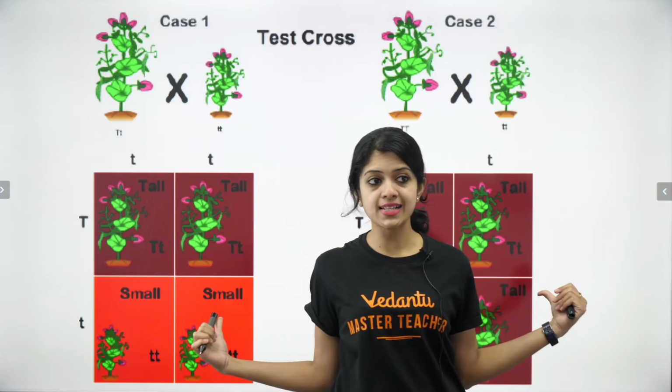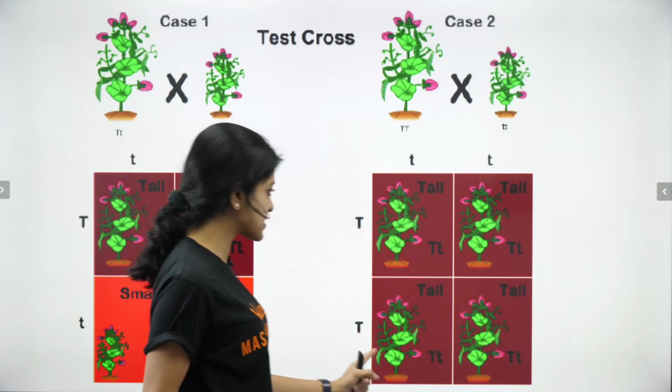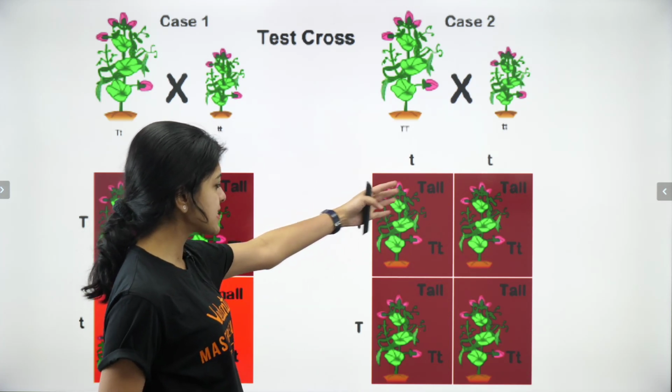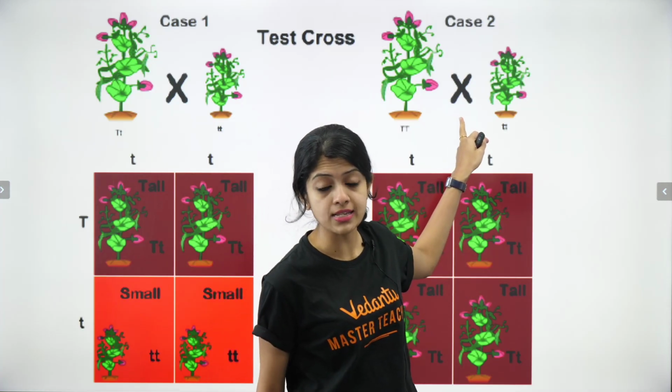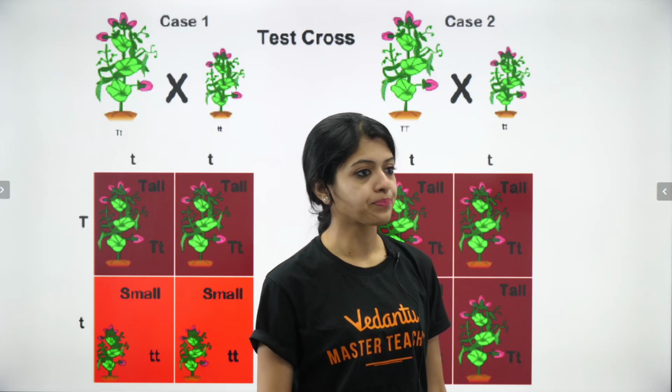Based on the results that you get in each case, you can identify the ratio in the progeny. For instance, if all the progeny are tall, you can infer that this tall parent was homozygous for tallness.